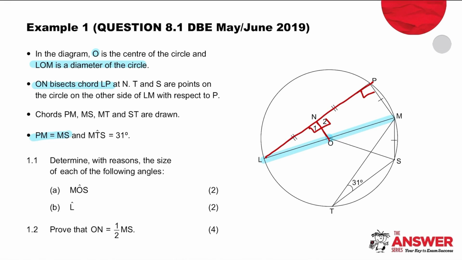PM equals MS, very valuable information because equal chords subtend equal angles. So without even being asked to find this, we're noting for ourselves that those two angles are equal because they are being subtended by equal chords. Finally, we check that the angle that we are given of 31 degrees is actually indicated on the sketch. Now we are ready to answer the questions.